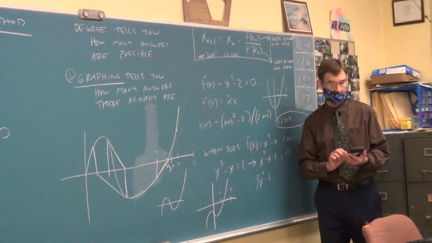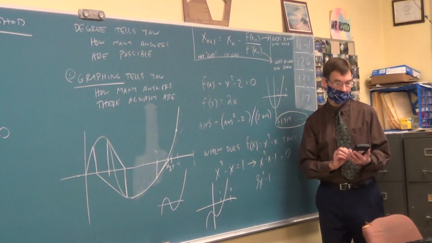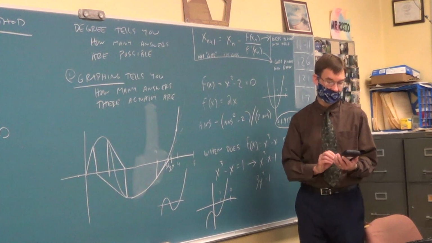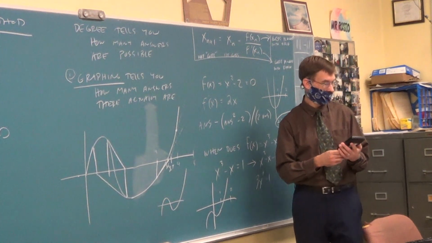And I show 1.34, 1.32, better, 1.32, and then it repeats with 1.324717957. That work for you? Hold on. You got it?